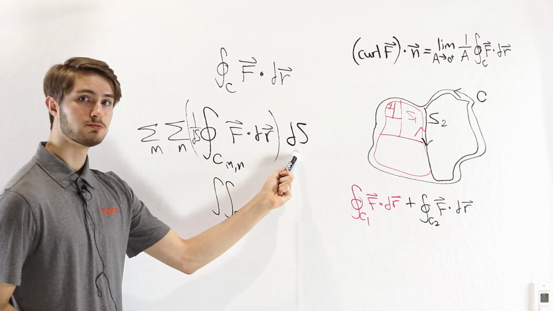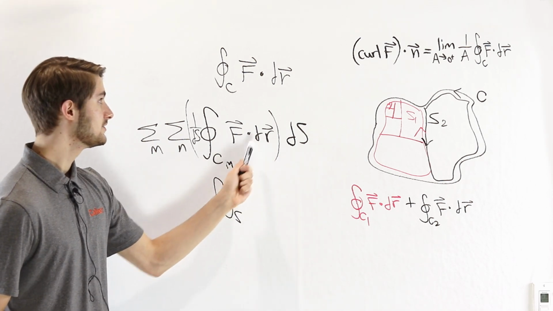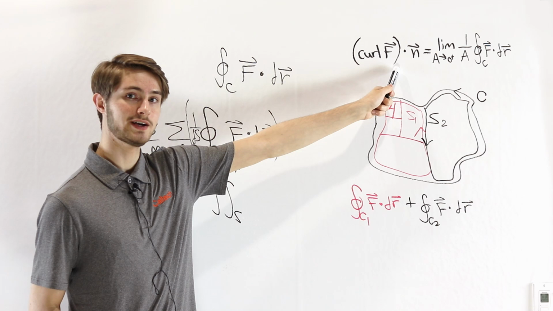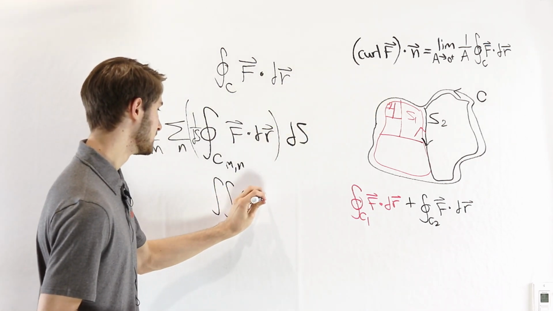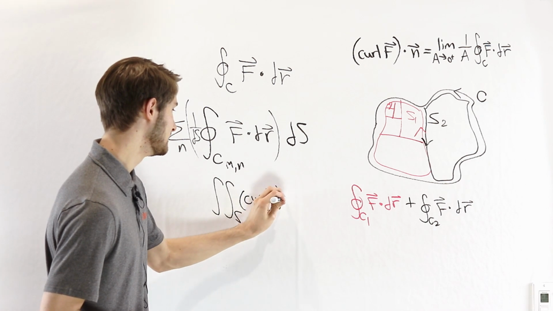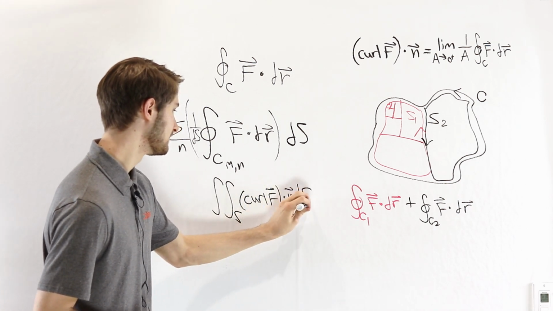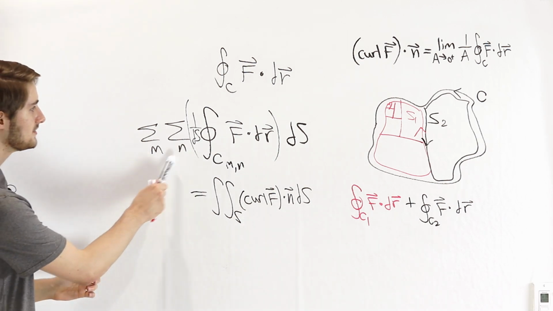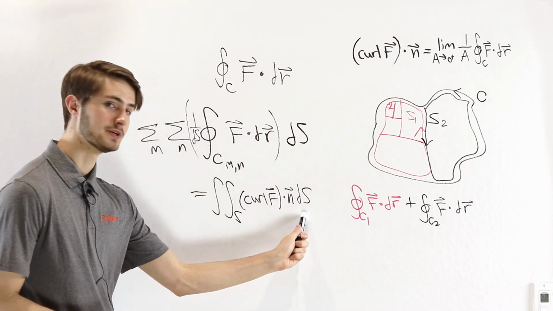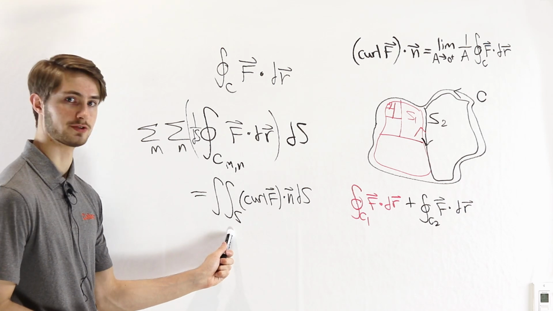So if dS gets smaller and smaller, this is going to approach what we have on the left side here. It's the definition of the curl of our vector field F dotted with n. And so this Riemann sum, as dS approaches 0, is going to turn into this surface integral.